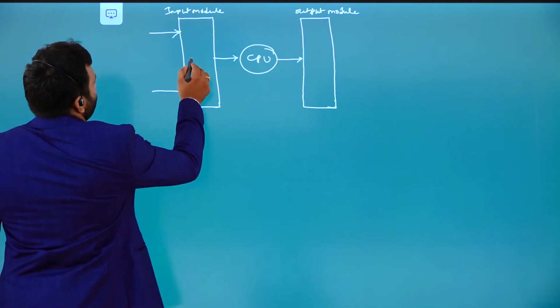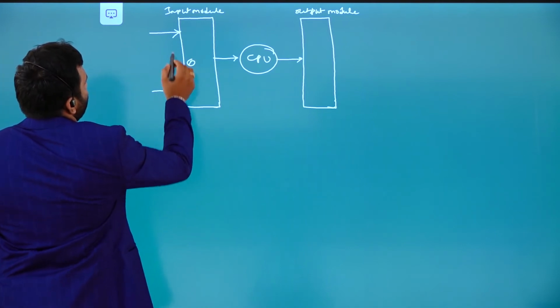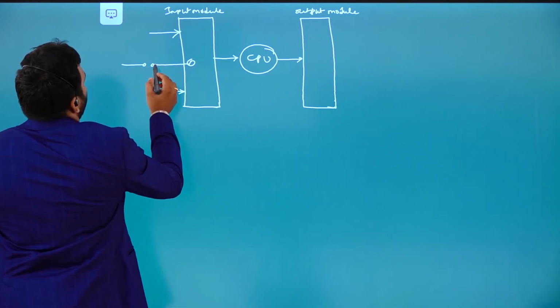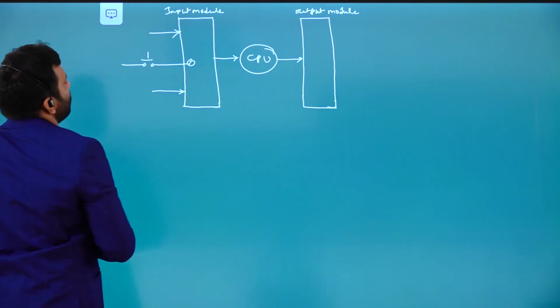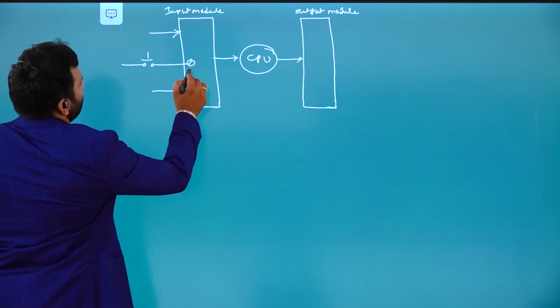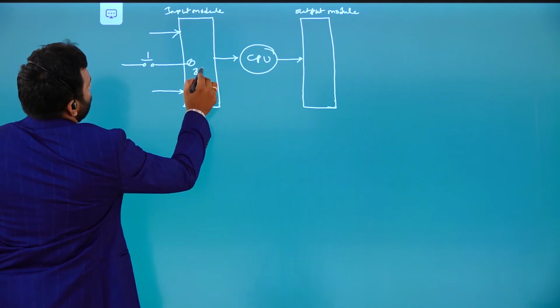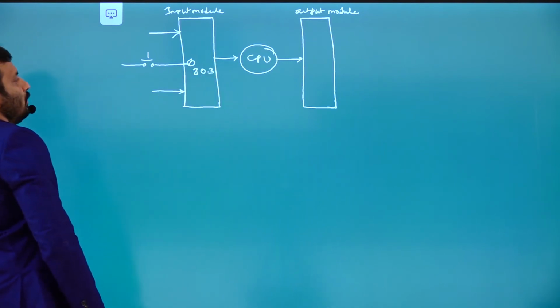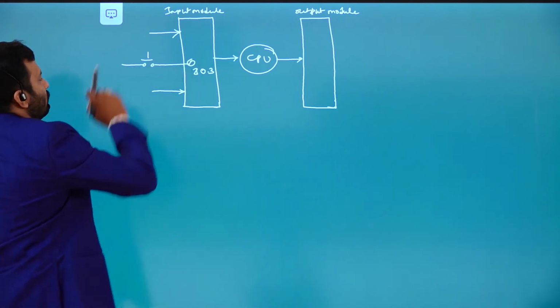So for example, for some terminal in this particular input module, I connected, for example, one push button here. Maybe this is the terminal I 0.4, the fourth terminal of module 0, right?